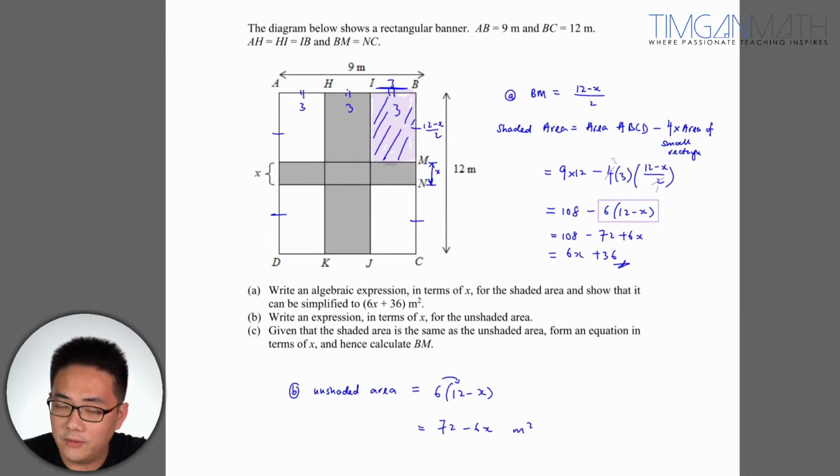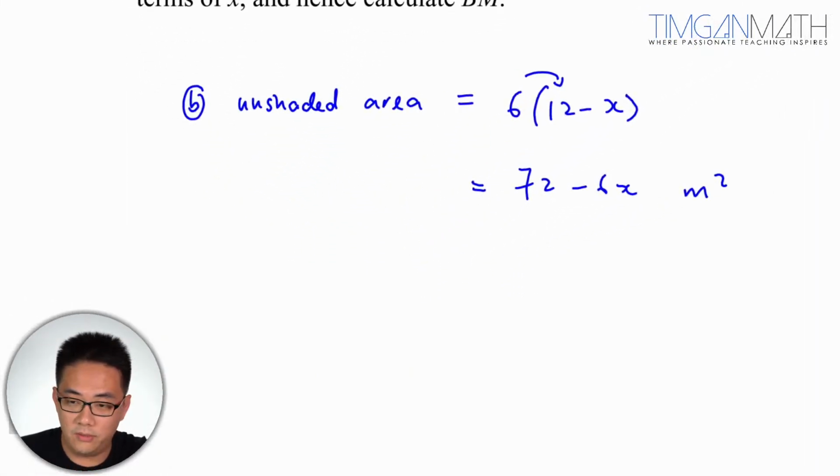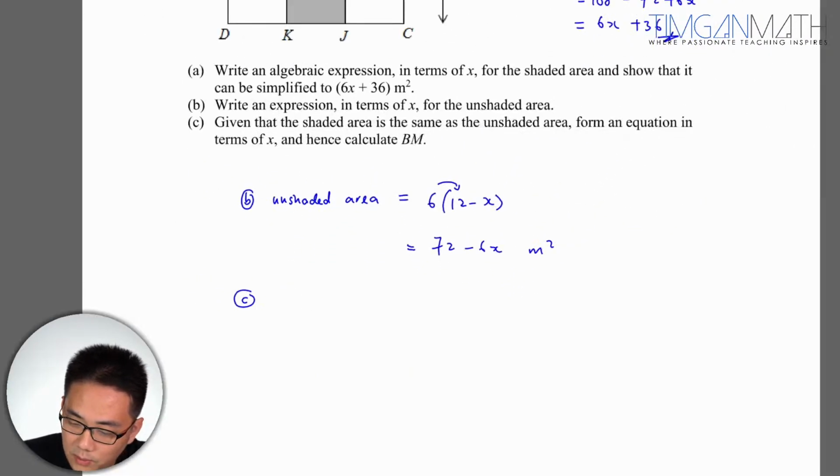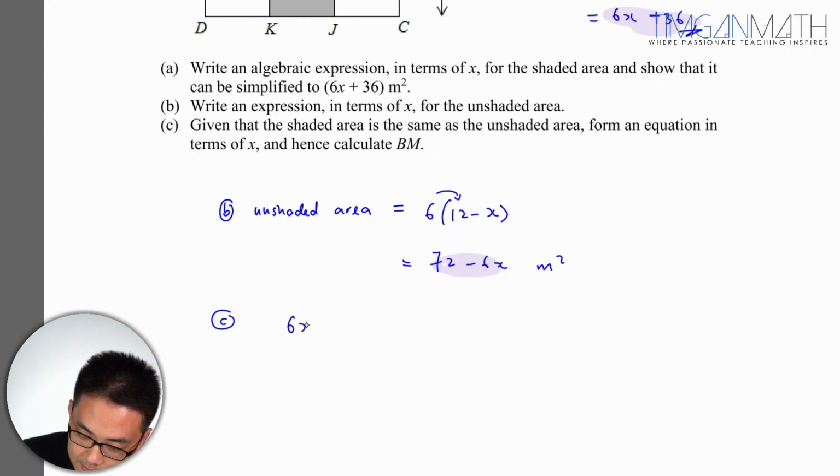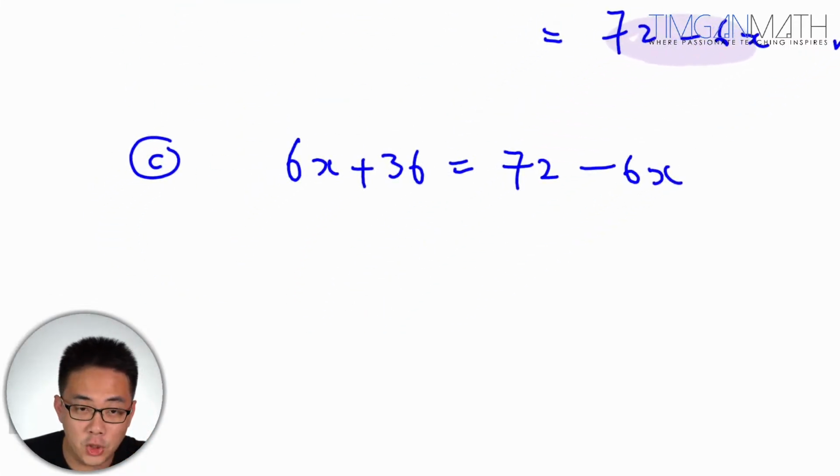After which we are given C: given that the shaded area is the same as the unshaded area, form an equation in terms of x and hence calculate BM. Okay, that's good. Given that they are the same, just equate them. The shaded area is the one we found in A, and this is the one we found in B. So we put 6x plus 36 equals 72 minus 6x, because shaded equals unshaded.